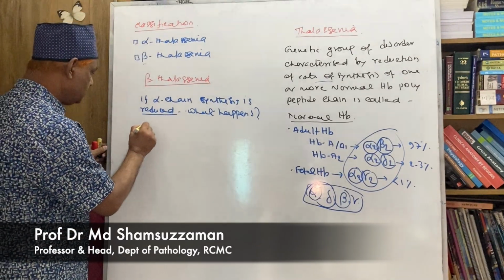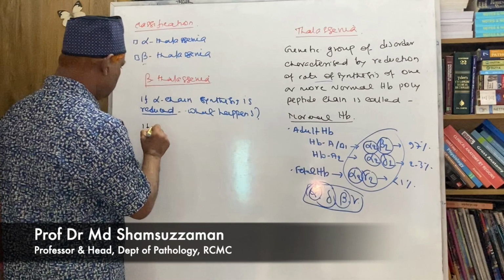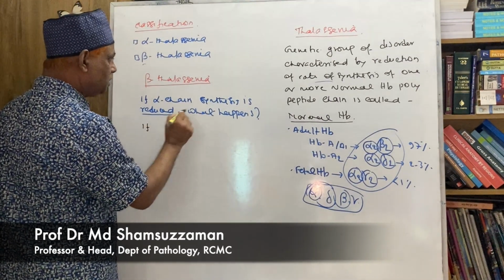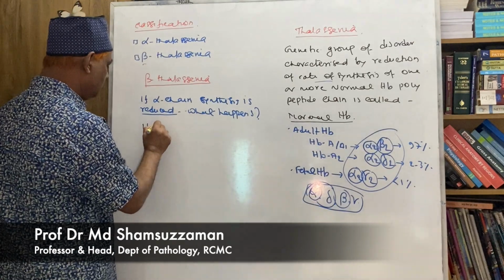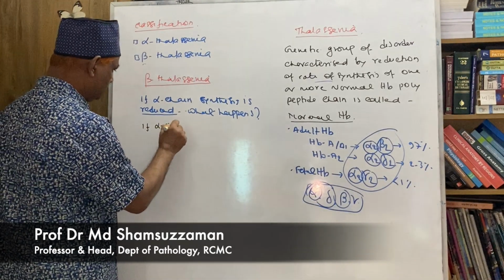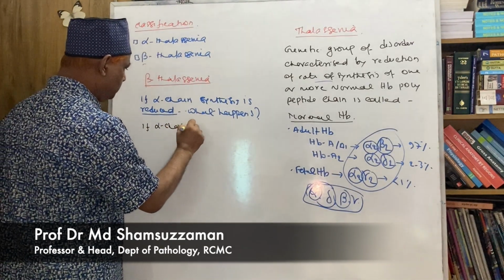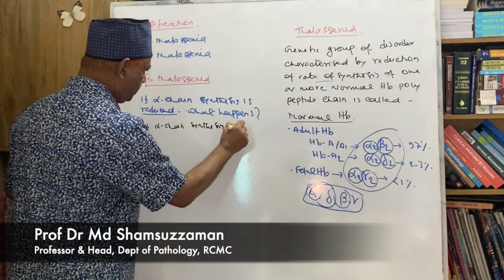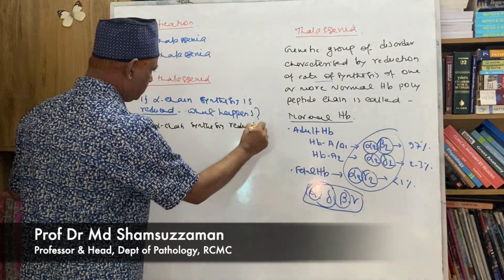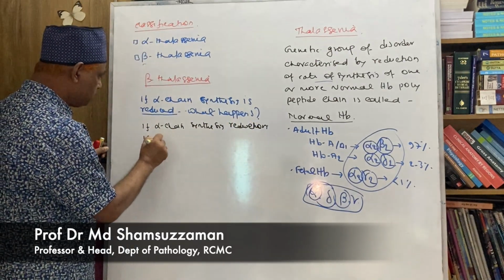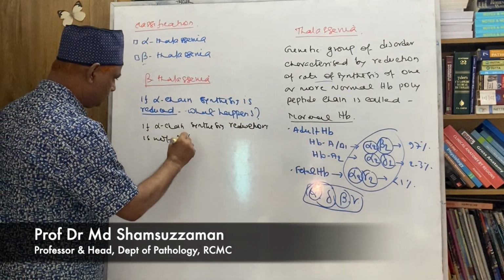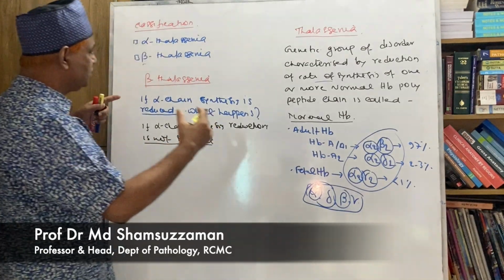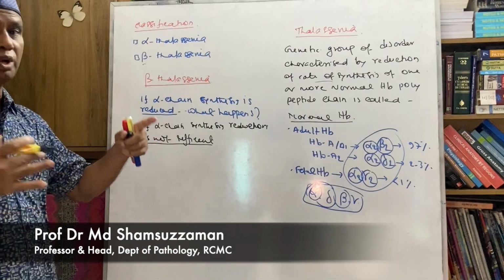If alpha chain synthesis reduction is not sufficient, it means there is reduction of synthesis of alpha chain, but the reduction is not sufficient.